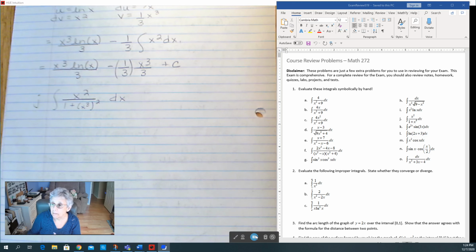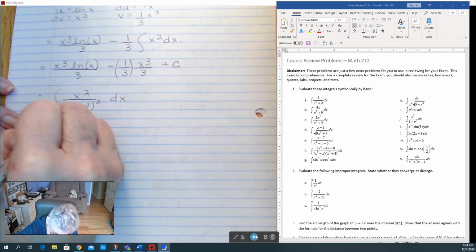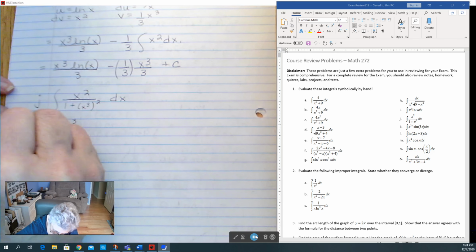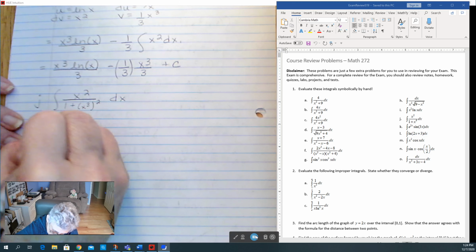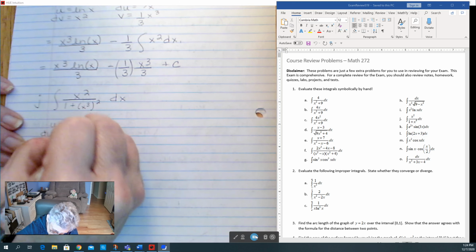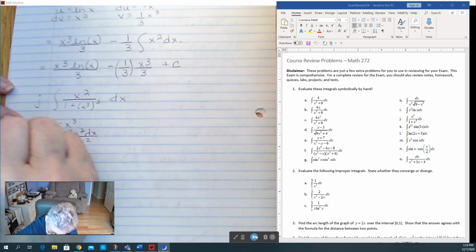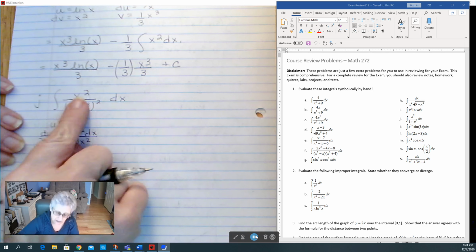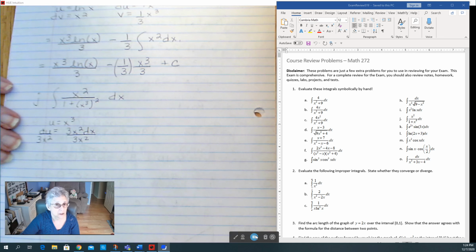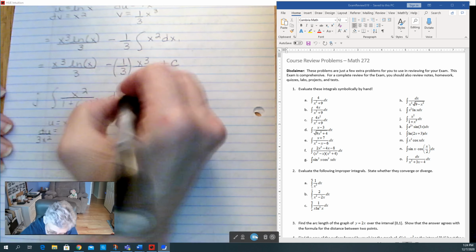And I looked up top and I realized that if I let u be equal to x cubed, then du would be 3x squared dx. I have x squared sitting up top, so magical things would happen. So this one's very straightforward.